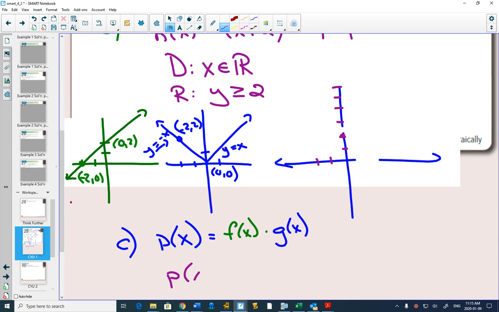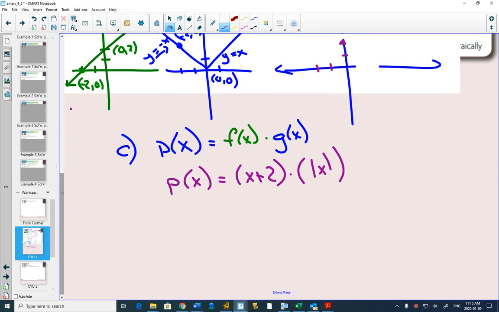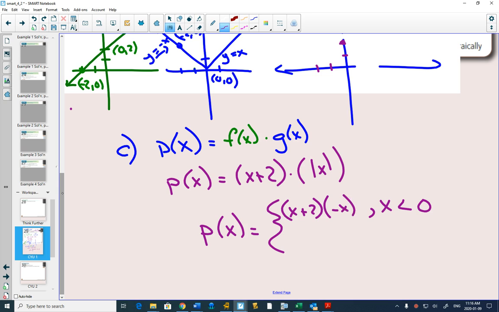So the explicit equation for p of x would be: f of x is x plus 2, g of x is the absolute value of x. Can you see that if you split this up, when x is less than 0, it'd be x plus 2 times the negative x.